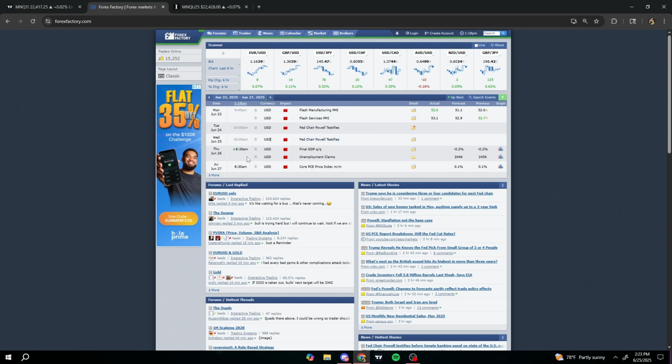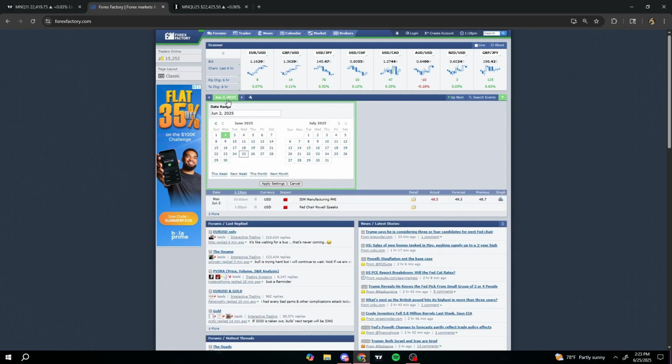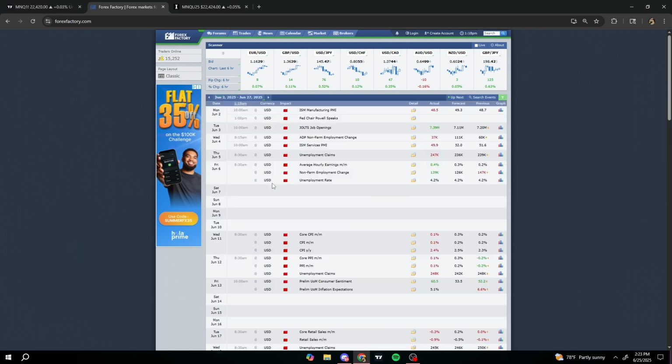The 3 big red folders you have to look out for are CPI, NFP, non-farm payroll, and FOMC. Those days I typically don't touch at all, and I'm going to show you where they are right here. NFP is always going to be the first week of the month. CPI is typically the second week of the month, and then FOMC happens 8 times a year, so roughly once a month, sometimes not.